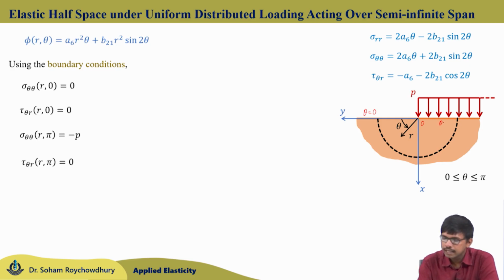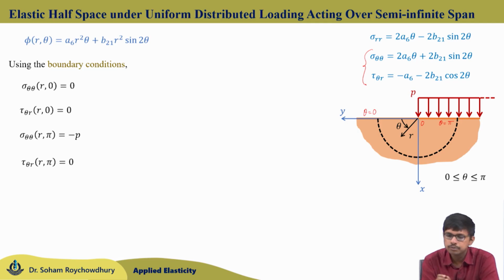For the negative y axis, defined by theta equals pi, we have sigma theta theta to be minus p and tau r theta to be 0. Now, we know that the expressions of sigma theta theta and tau r theta have been derived as functions of theta and are independent of r, which was our requirement. So, for the present form of phi, they give the stress field independent of r.